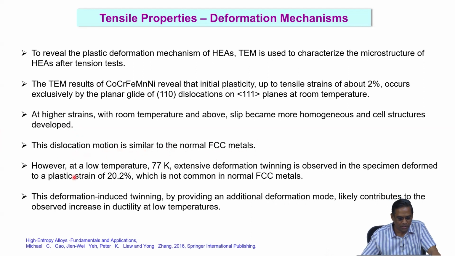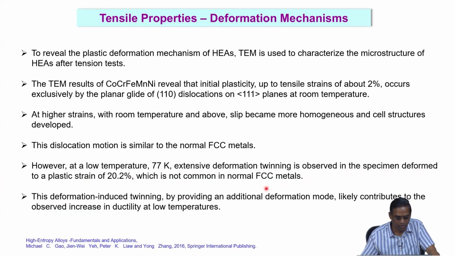So, this dislocation motion is similar to normal FCC metals. However, at low temperature, 77 Kelvin, extensive deformation twinning is observed. We also saw yesterday extensive deformation twinning in the specimen deformed to a plastic strain of 20.2%, which is not common in normal FCC metals.